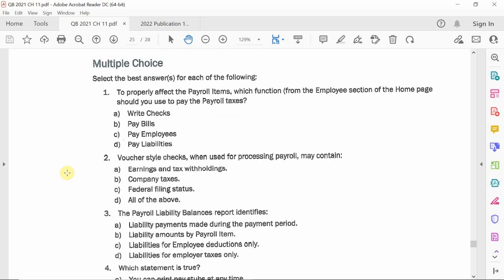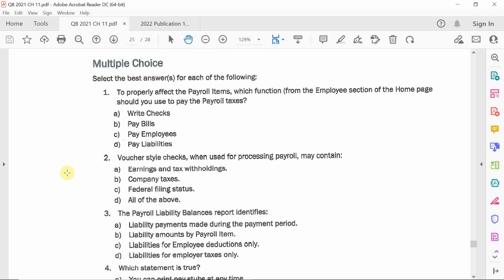Number 2, voucher style checks, when used to process payroll, may contain what? Is it A? A is correct. Earnings and tax withholdings. Yes. If you remember voucher style, I've mentioned this before. Voucher style allows you to see pay stub information. So in this case, you will be seeing the earnings and taxes.